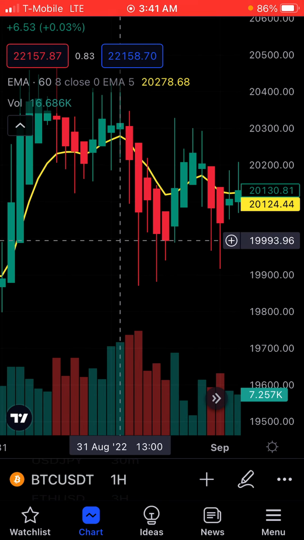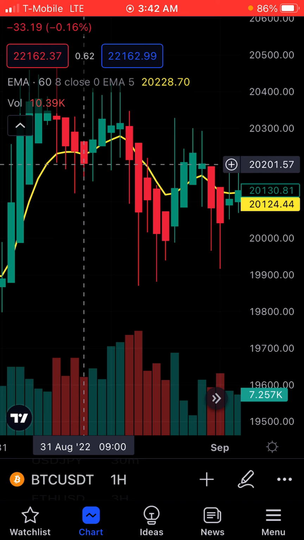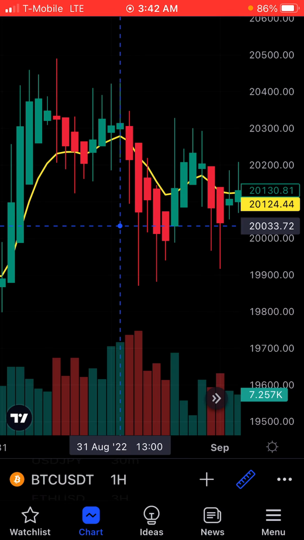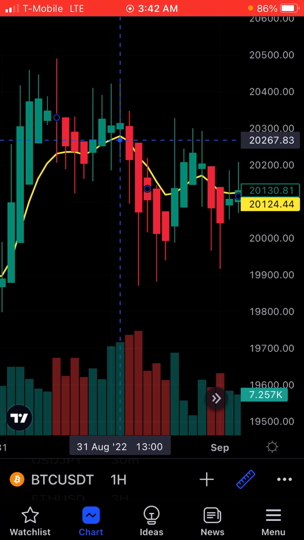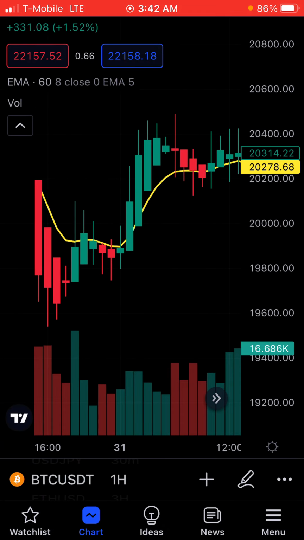Okay, so we have a red bar right there, and the next one was a green bar, so that's 11. You guys use your best judgment on this, but by the hour, this is too small for me. Let's look at a big run like this one right here.